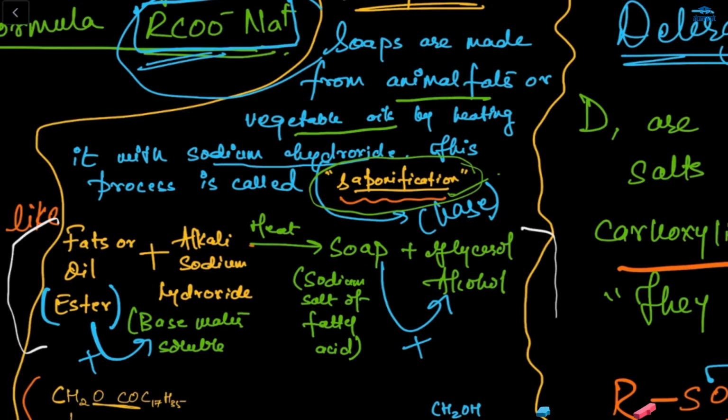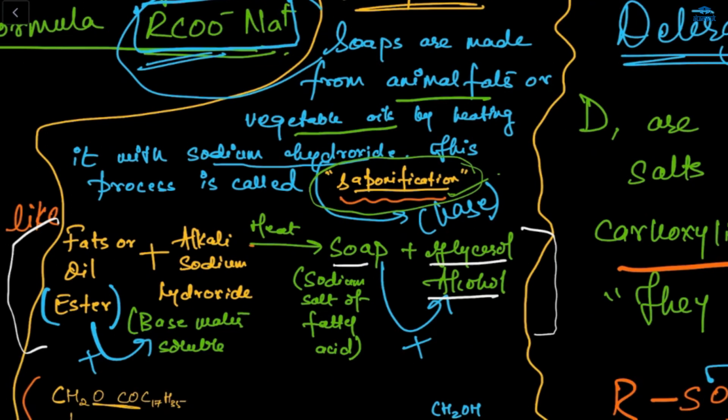So this is your fat and oil, which is also known as ester. This is reacting with your alkali, sodium hydroxide, and if we heat these two, we will get a soap and we will get glycerin alcohol.